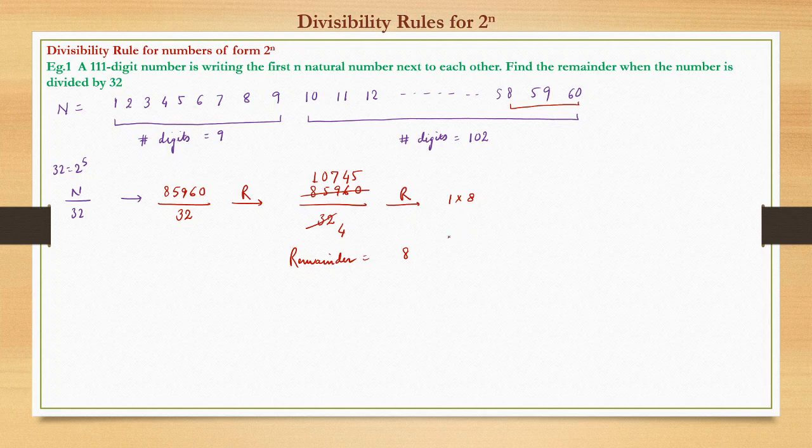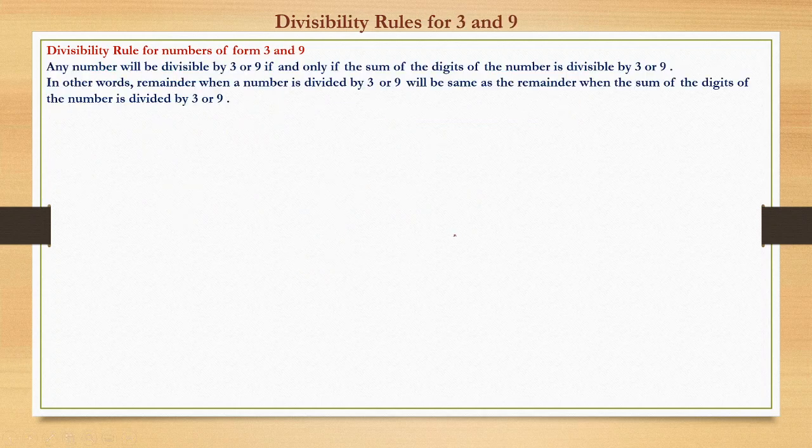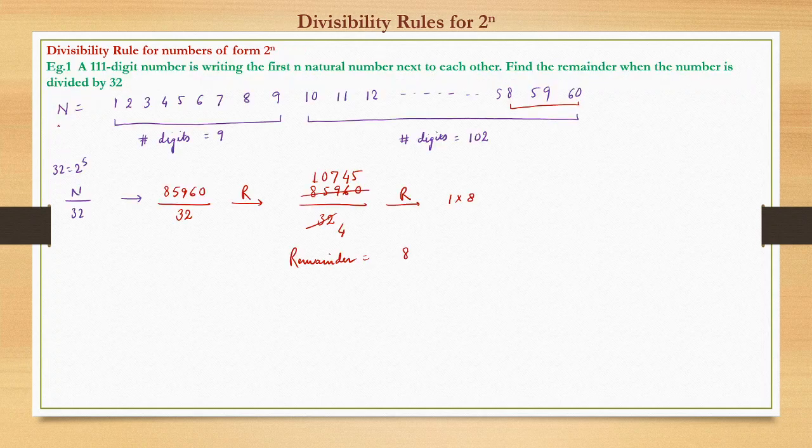Now we'll move to the next question. The next rule, basically a thumb rule, is for 3 and 9. Before coming to 3 and 9, let me summarize for 2. A number will be divisible by 2 only if the last digit is divisible by 2, which is basically an even number.